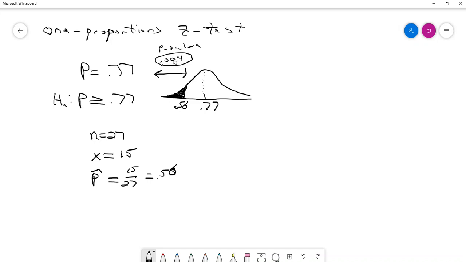Remember that if p is less than alpha, and I didn't put an alpha up here again, and really that should always be set up before you collect your data. But I'm going to just, again, throw it in here. By default, I'm going to put 5%. I think that's good enough for now.